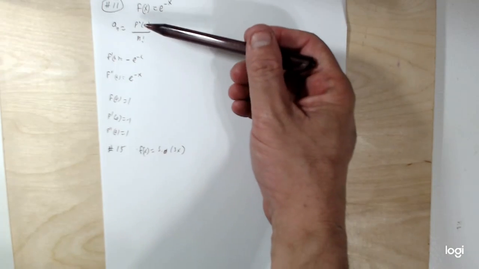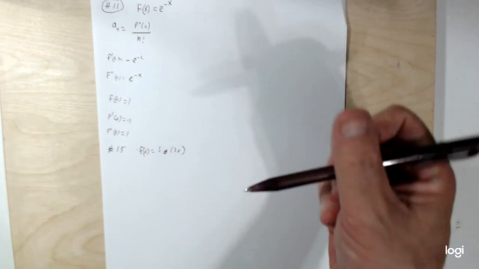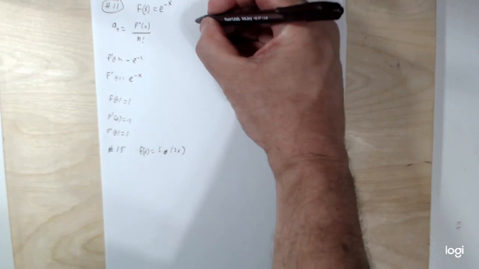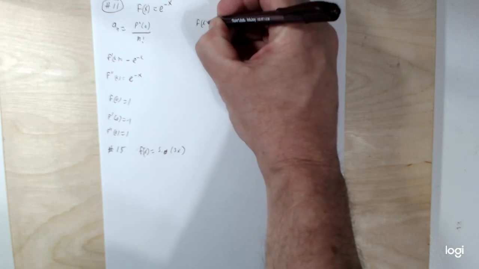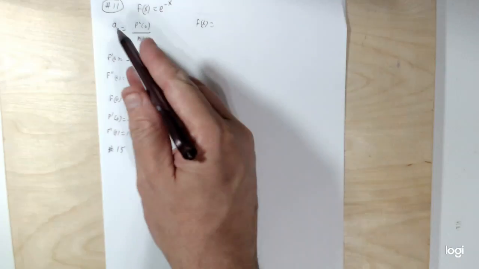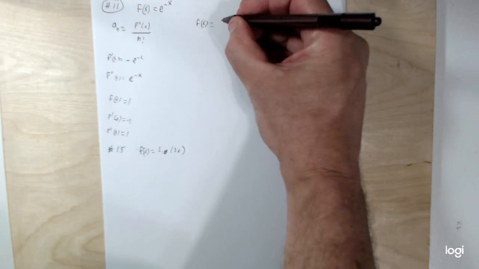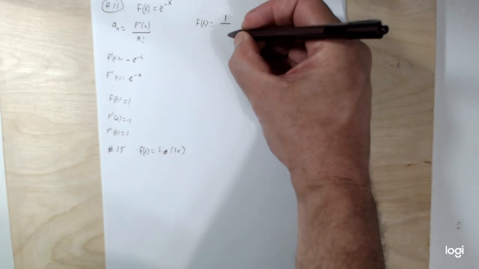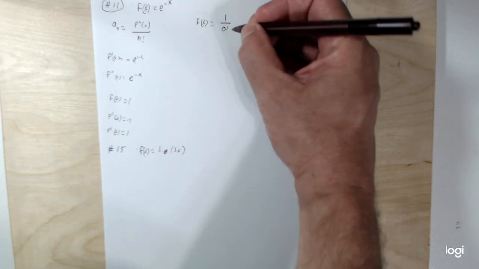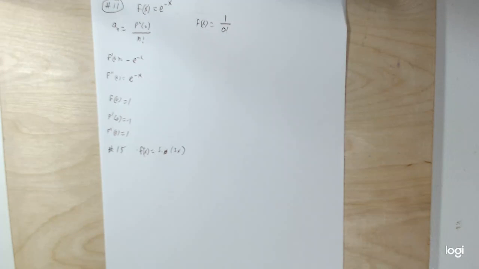So our coefficients are going to go, we're going to have f of x. My first coefficient, which is the 0 term, is going to be 1. That's f of 0 over 0 factorial again. 0 factorial is defined to be 1, and x to the 0 is defined to be 1.